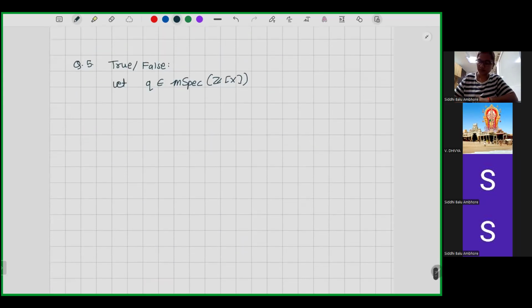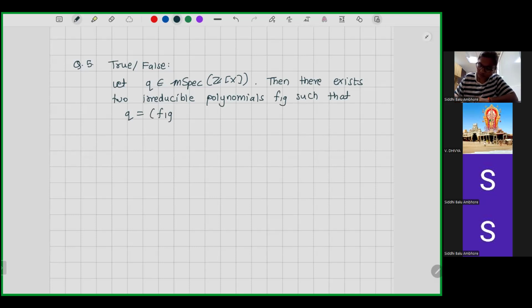Then there exist two irreducible polynomials f, g such that Q is equal to (f, g). And any guesses here whether this is true or false?